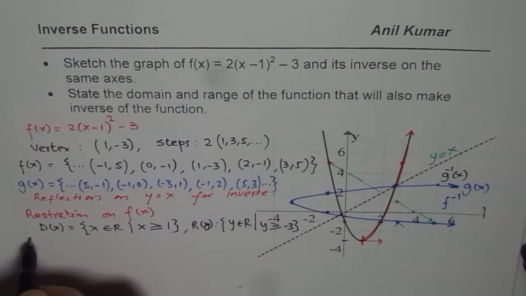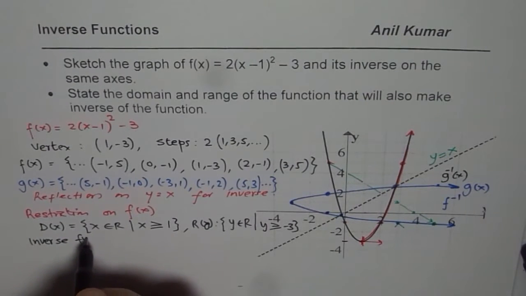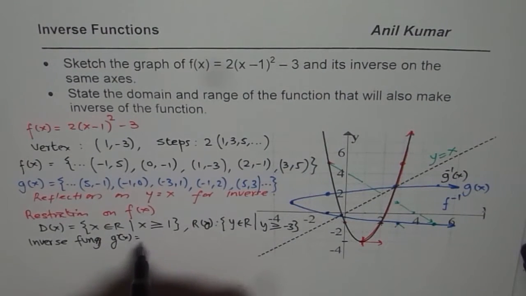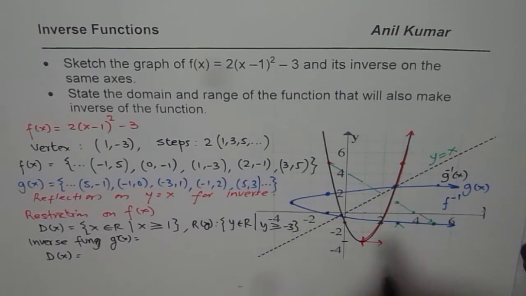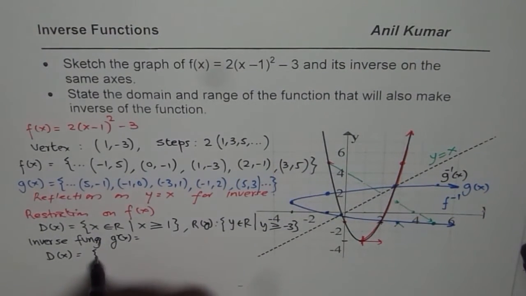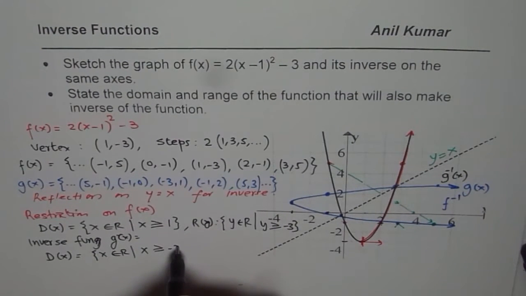Now let's look into the inverse function. What happens? Now the inverse function, we are talking about g of x. Now for the inverse function, the domain is from minus 3 to the right. So the domain is x belongs to real numbers where x is greater than or equal to minus 3.